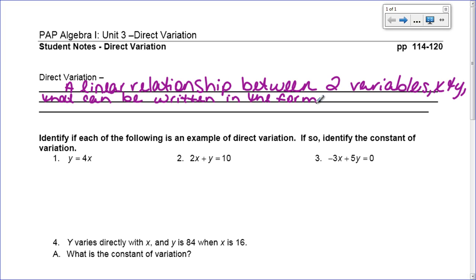It can be written like this. It can always be written in the form y equals kx, where k is what we call the constant of proportionality.